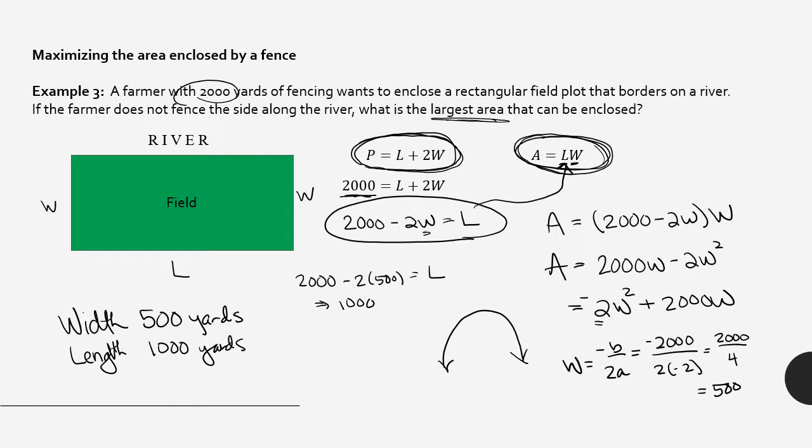The question said, what is the largest area? So finally we need to multiply these two together. So the largest area is 500 times 1,000. So we have 500,000 square yards.